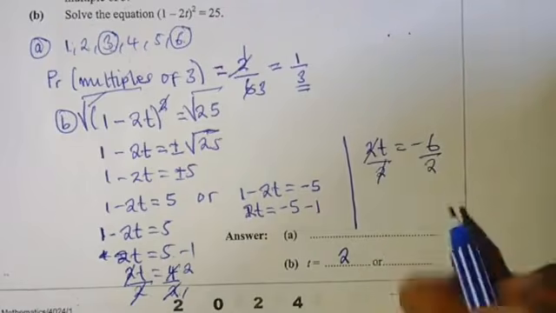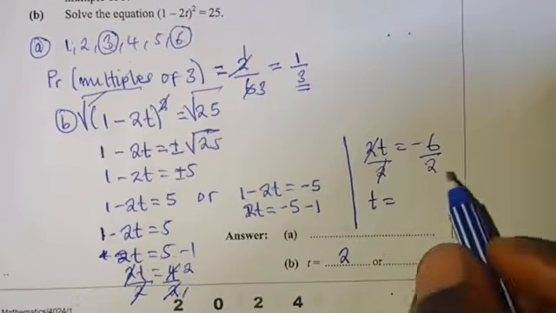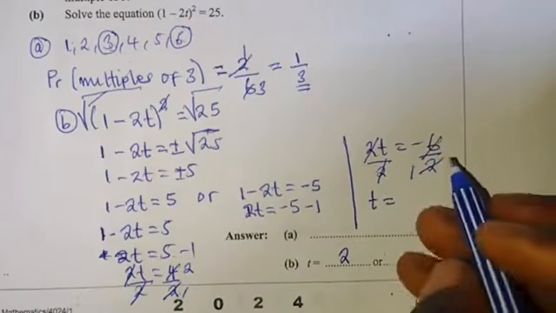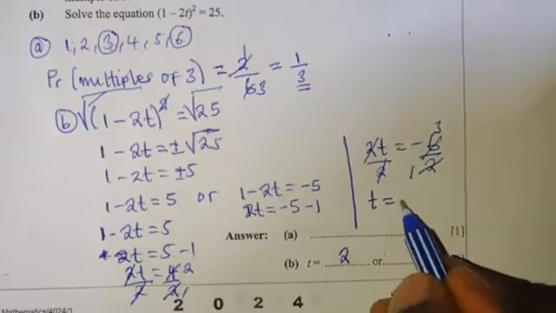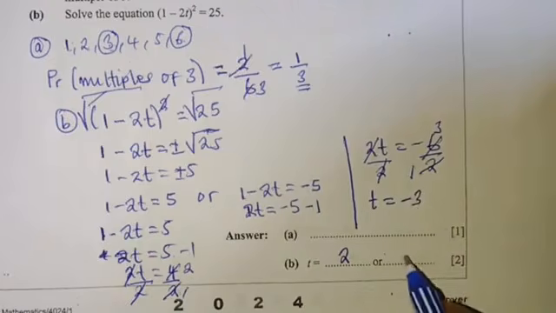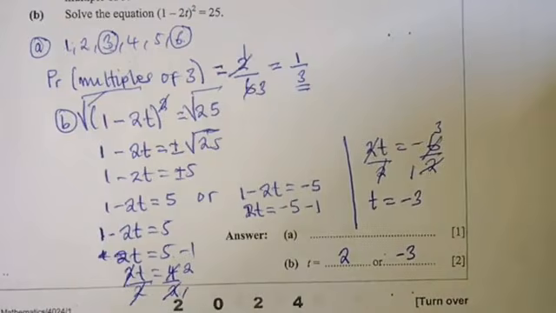These will cancel. t is equal to negative 6 divided by 2, which is negative 3. So t is equal to minus 3. So these were the two possible values of t. So we have answered our question 9. We now move on to our last question of this presentation.